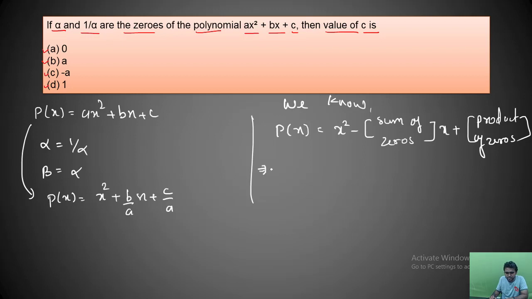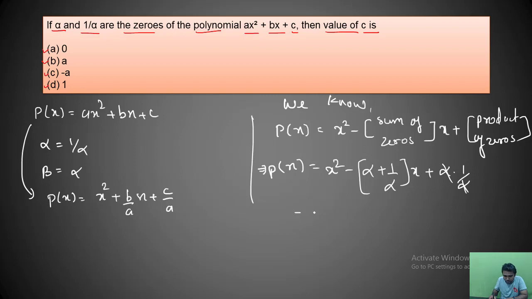So from this I can say I have got p of x is equal to x square minus the sum of zeros, alpha plus 1 by alpha, into x plus the product of zeros, alpha into 1 by alpha. Alpha cancels. So we have x square minus alpha square plus 1 by alpha into x plus 1.